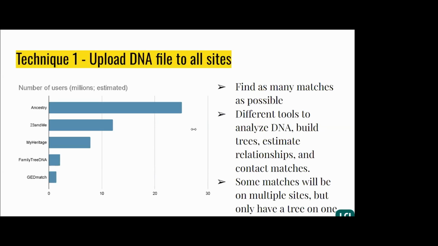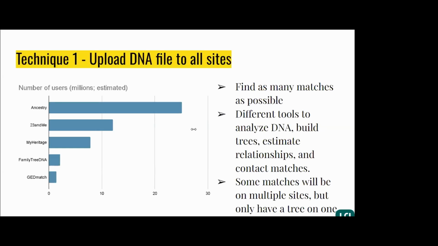The point here is to cast as wide a net as possible to find as many genetic cousins and family trees that will help in your search. I mentioned Barbara Ray Venter's book a few minutes ago. In her book, she refers to this process as fishing in all ponds.